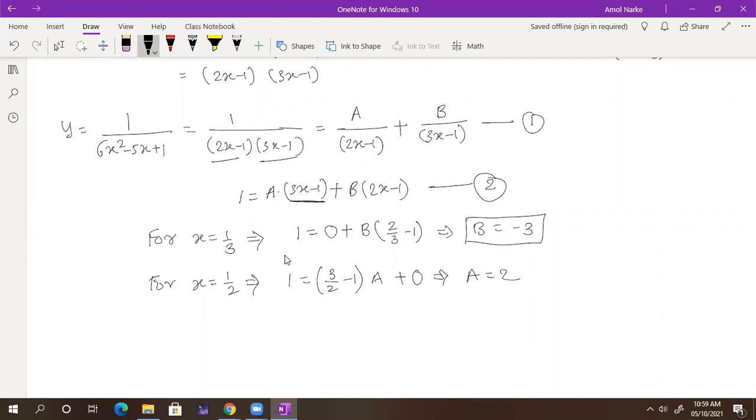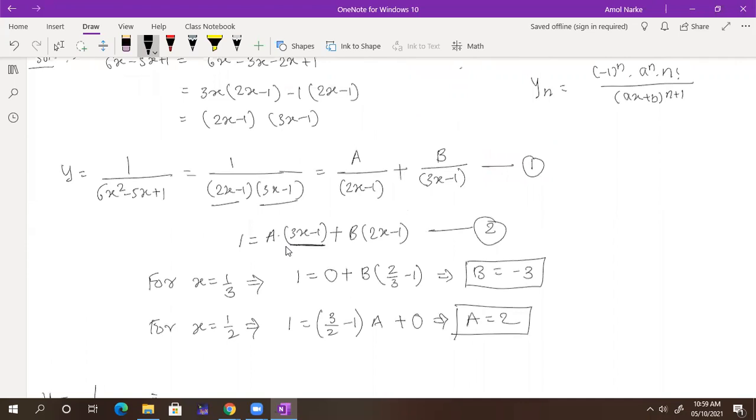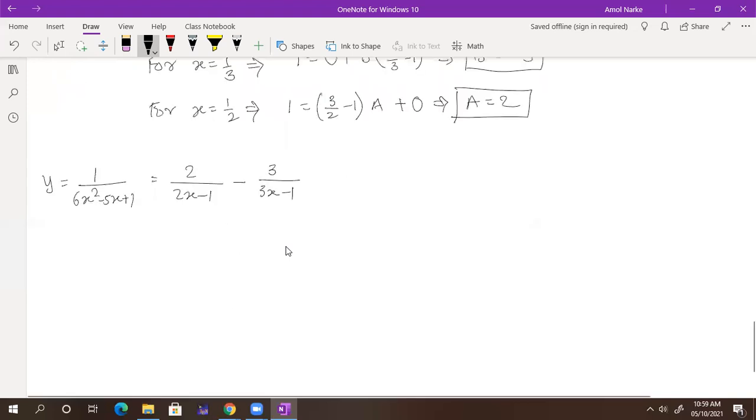So if I substitute these values in equation 1, we have y equal to 1 divided by 6x squared minus 5x plus 1. I can write this as 2 divided by 2x minus 1 minus 3 divided by 3x minus 1. Yes or no? So that function I can write in that way.